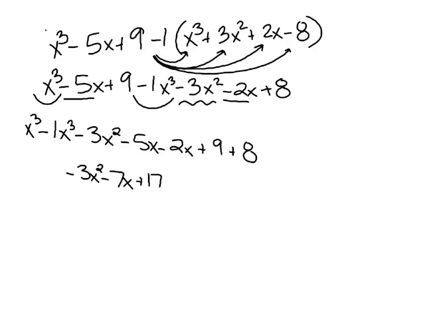So to keep that straight, I would have to rewrite it with a placeholder for the x squared. If you prefer that type, go ahead and use it. It doesn't matter, you should get the same answer either way. So vertical and horizontal formats. When adding and subtracting, just make sure you keep your like terms together.